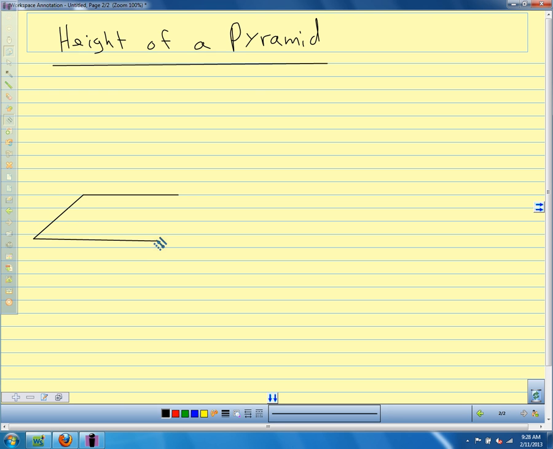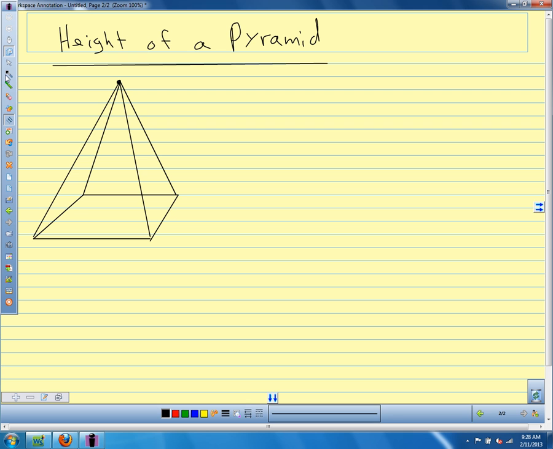We'll draw a rectangular pyramid again. So there's my base. Connect the corners of the base to the vertex there. All right. So I'm going to draw in two different segments here. I'm going to draw one from the vertex down to the base, and we're making a 90-degree angle here.